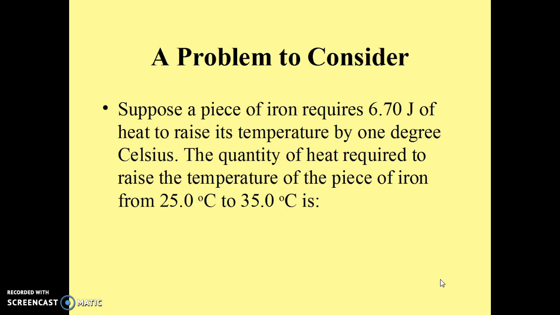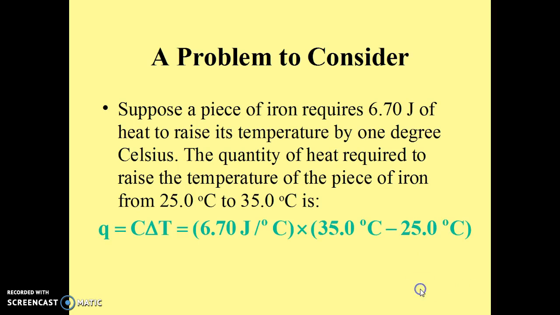So let's do one problem. Suppose a piece of iron requires 6.70 joules of heat to raise its temperature by 1 degree Celsius. That is the heat capacity, C. So what is the quantity of heat required to raise the temperature of the piece of iron from 25 to 35 degrees Celsius?